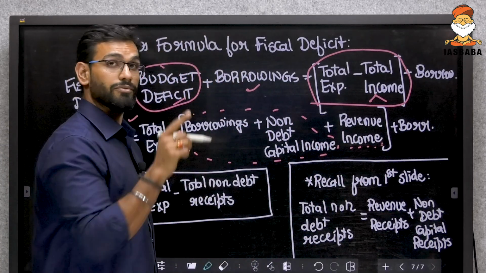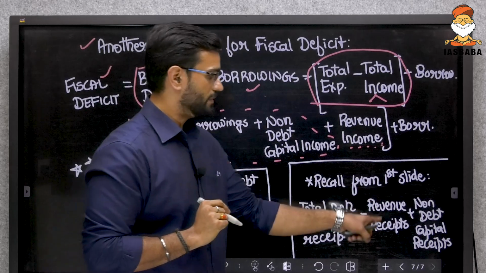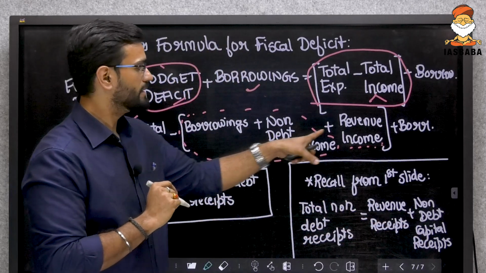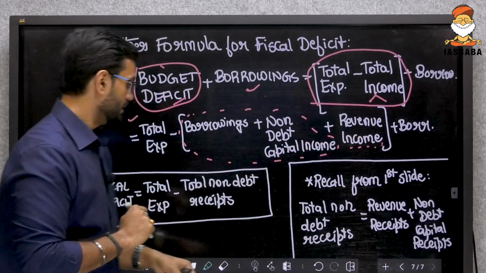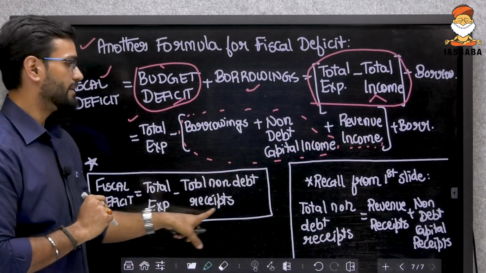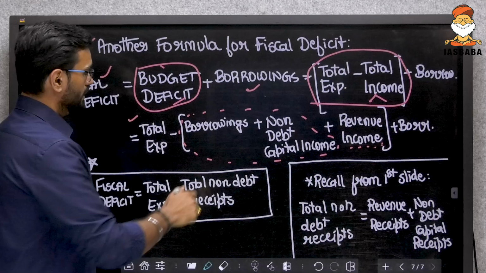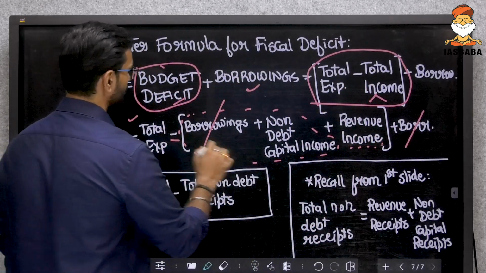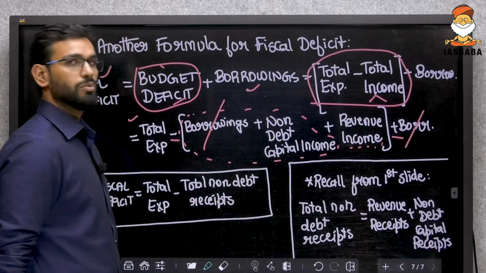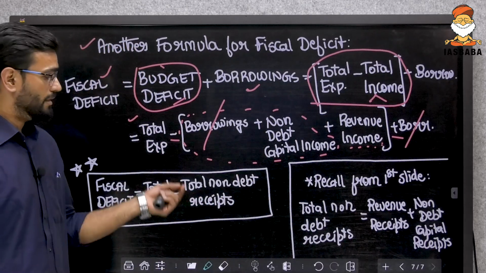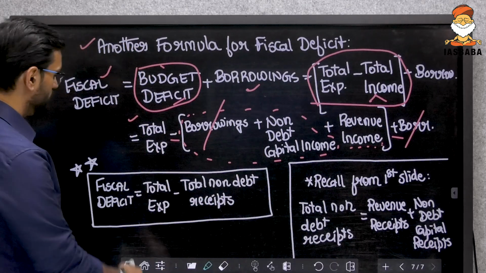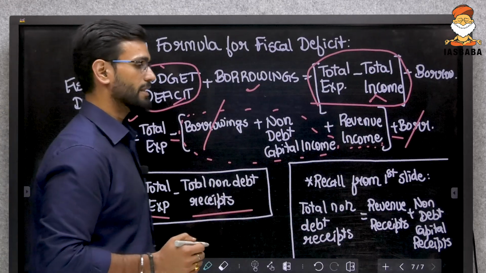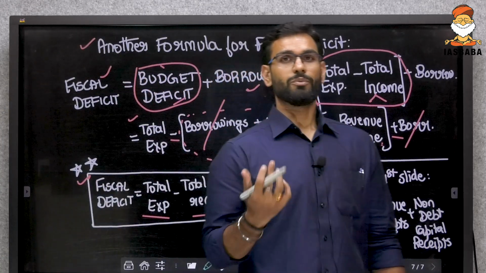And if you remember from the first slide, revenue receipt plus non-debt capital receipt is what is non-debt receipts. I hope this is clear. And borrowings and borrowings get cancelled. This is minus, this is plus. So borrowings get cancelled, which is how you get a new formula for fiscal deficit: total expenditure minus total non-debt receipts. So this was today's session.